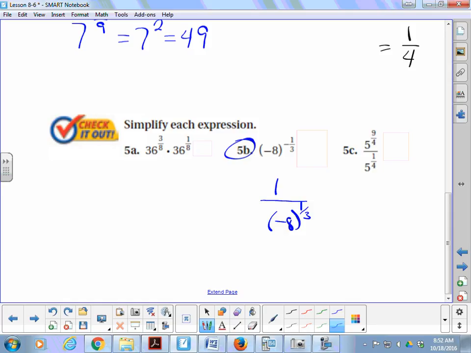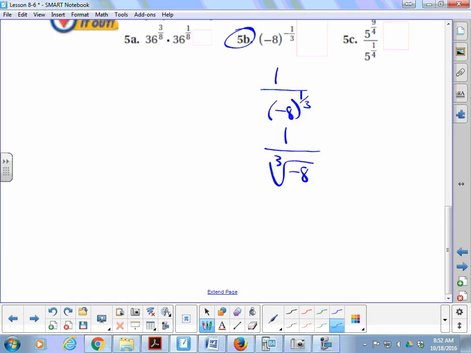And the 1/3 power is cube root. So this is the same as 1 over the cube root of negative 8. So that's going to be negative 1/2, because the cube root of 8 is 2, so the cube root of negative 8 is negative 2.